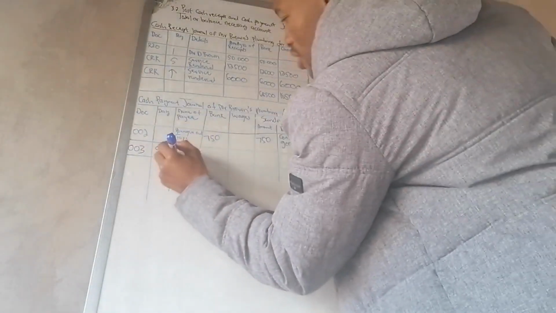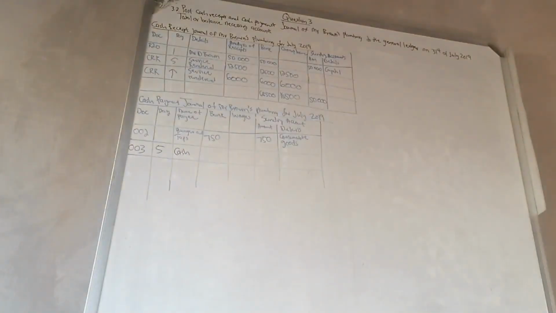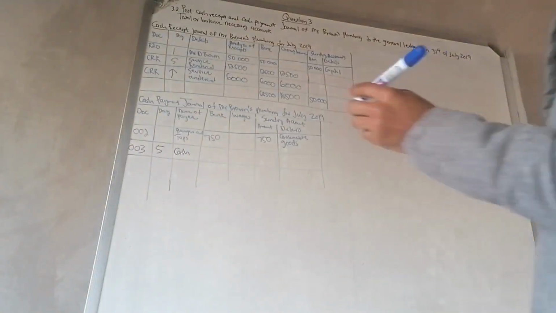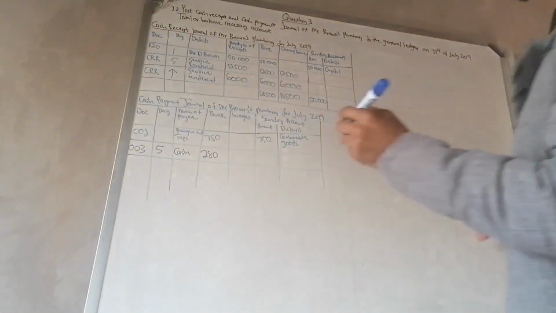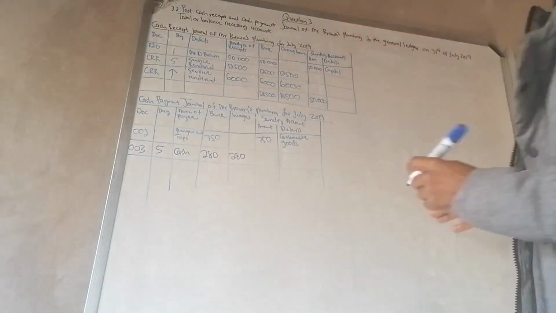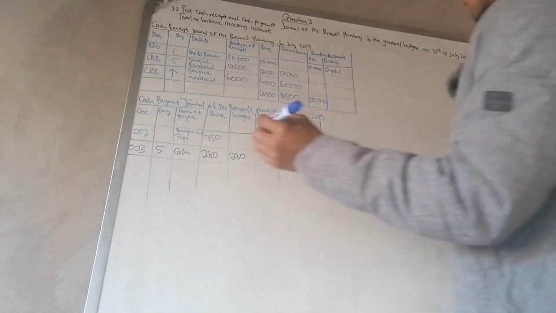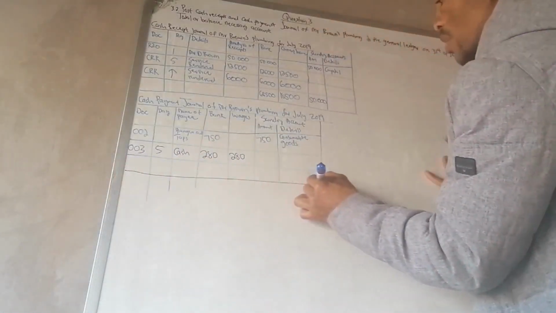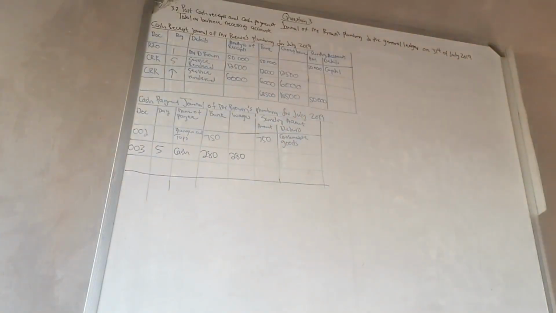This was cash. Name of the payee, the payee paid with cash. The amount was 280, and the wages, it's 280. Sundry account, we are not recording anything there. We are going to explain everything before we fill this up, so that we understand why some blocks do not have the amount and the reason behind that.